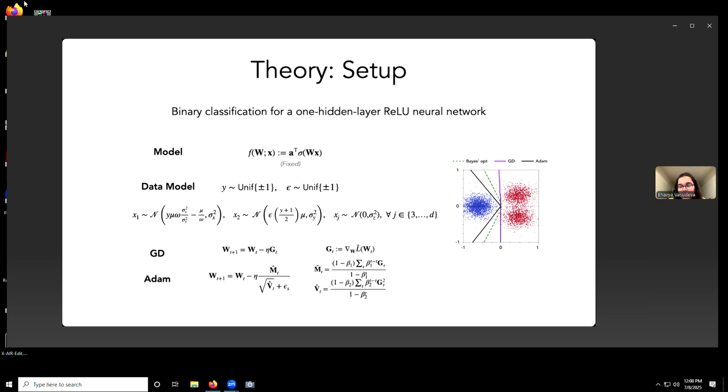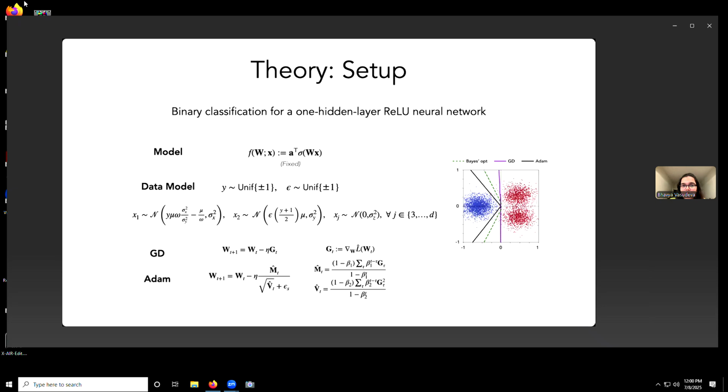I did try smaller batch sizes, but I still observed something similar. But one thing that made a difference was a larger learning rate. If the learning rate is quite large, then SGD also can learn a more nonlinear decision boundary.